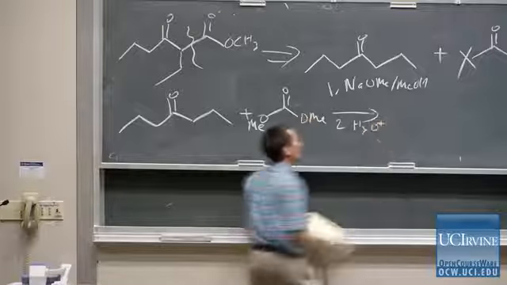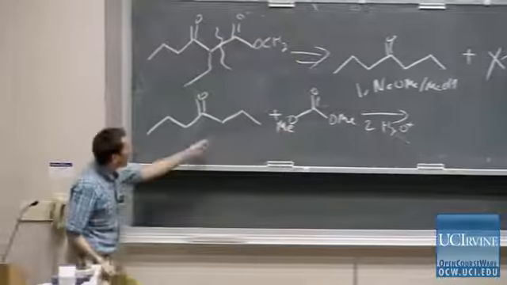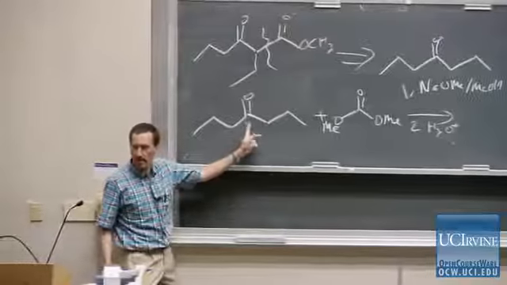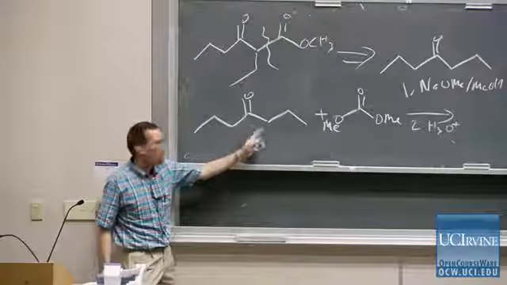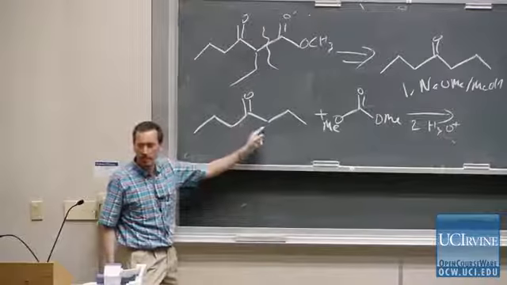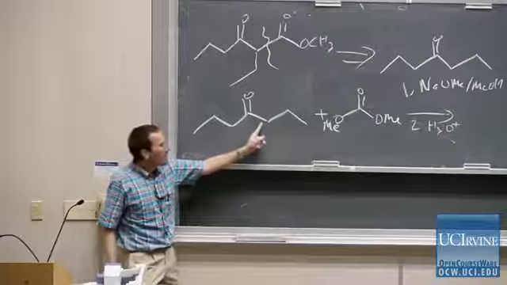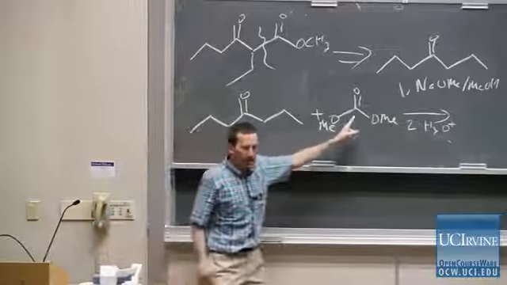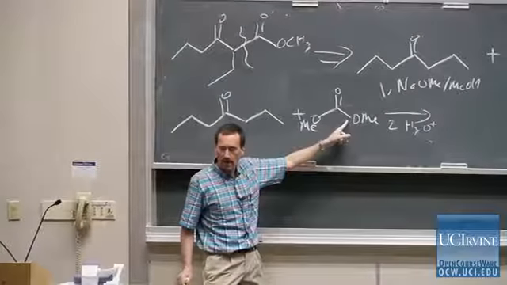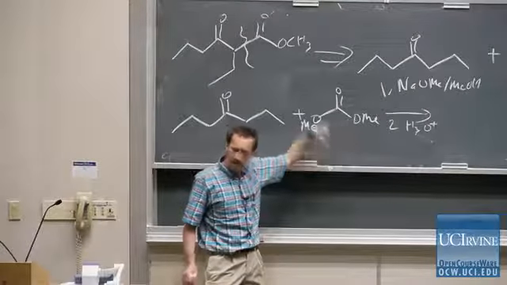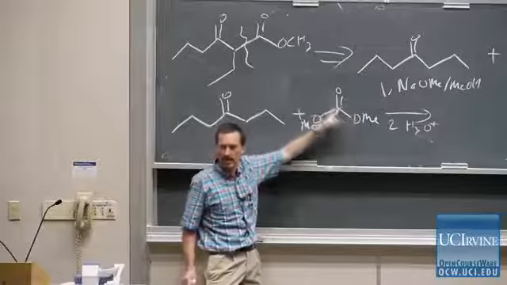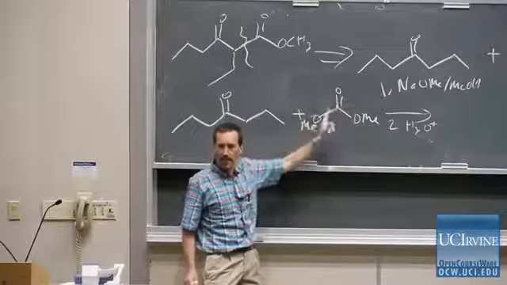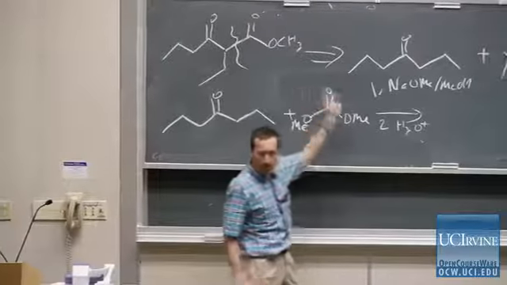Okay, does that make sense? Let's see. There's only one component that can form an enolate. There's only one type of enolate that can form, whether I enolize to the left or the right, it's the same thing. That enolate can attack this carbonyl compound, and ultimately then the same chemistry, form a tetrahedral intermediate, kick out a methoxide. Now we have a 1,3-dicarbonyl.